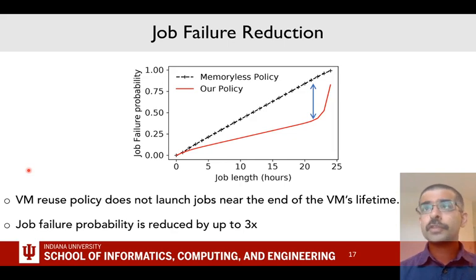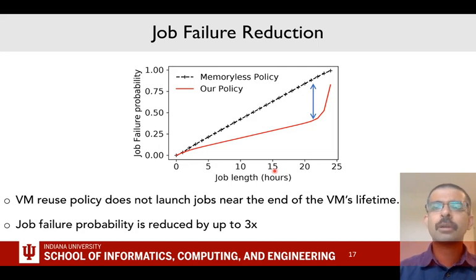So the first thing we want to see is what is the reduction in the probability of job failure, right? Because of our VM reuse policy. So we show the job failure probability for jobs of different length, and we compare with a memoryless policy that is not aware of the bathtub preemptions.